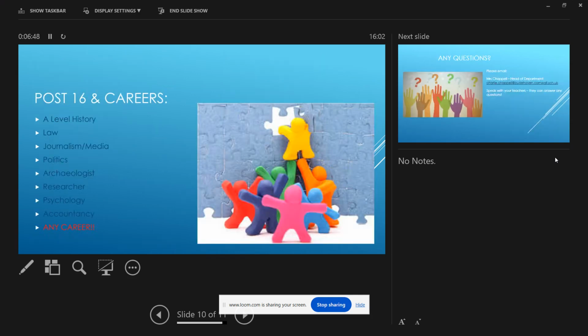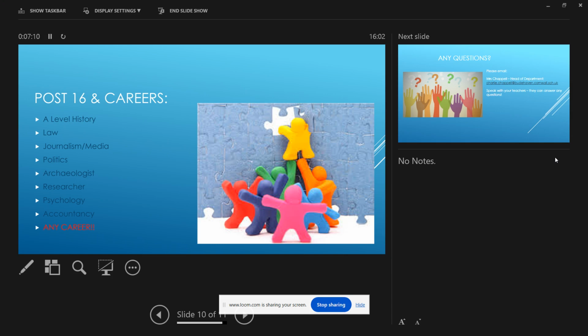Now, history is an excellent GCSE to help you go into many different A-level courses, obviously one being A-level history that we run. But as well as that, history is fantastic for loads of different careers that you can go into. So lots of people use history. It's a very highly regarded subject, and it is used lots in things like law and journalism.